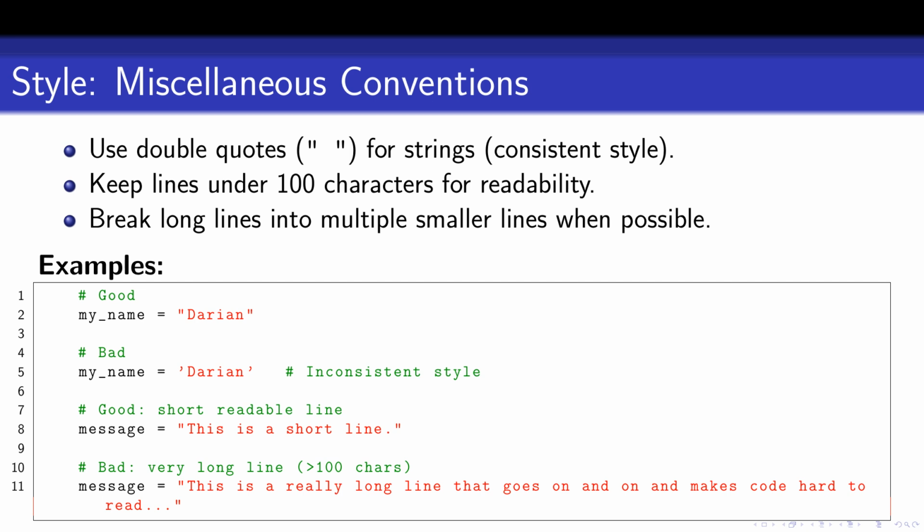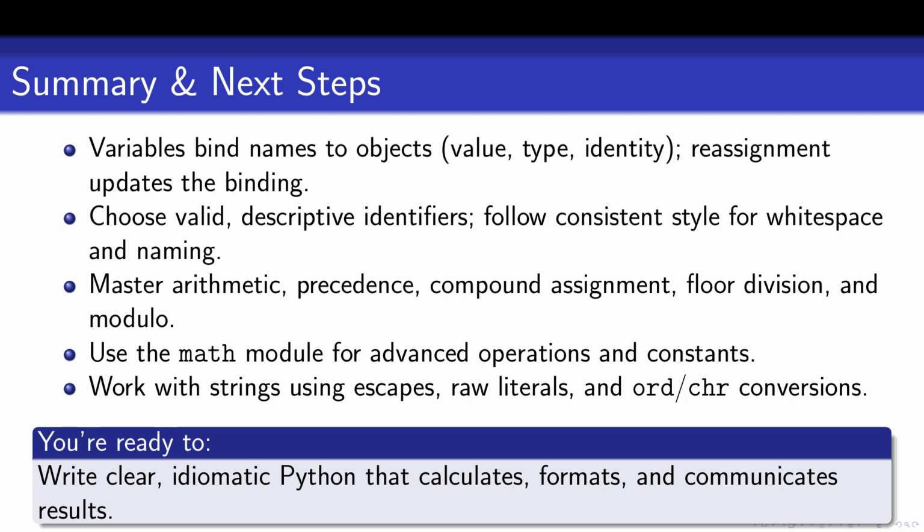This improves readability and helps prevent mistakes. For example, long messages or complex expressions can be split across multiple lines while still being clear. The goal of these conventions is not strict rules for their own sake, but practices that make code approachable and easy to maintain. Following them ensures your programs are not only functional, but also clean, professional, and pleasant for others to read.